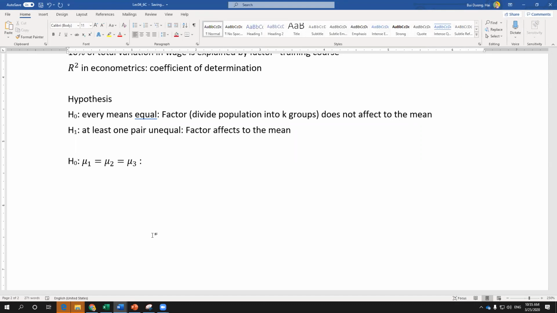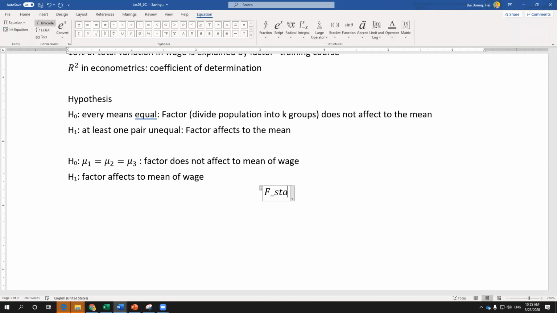That means average salary in the 3 groups is the same, or the factor does not affect the mean of salary or wage. And of course, that's H1. Therefore, the factor affects the mean of wage. Then you have an F statistic equal to 3.9.